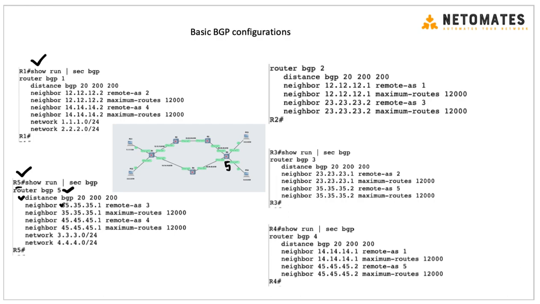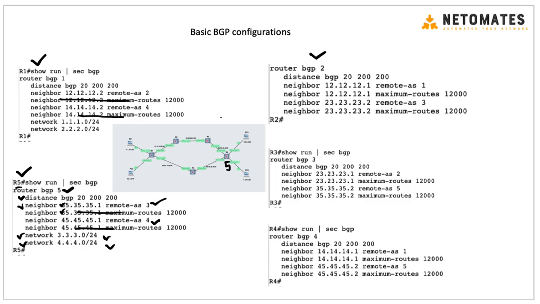I am giving the neighbor side IP and mentioning the remote AS values. You can see this maximum routes command. This is the default command, you don't need to give it. The router will automatically add it when you give the neighbor command. Then we want to inject 2 routes into BGP on R5, the 3 network and the 4 network. So we are using network commands to add routes into BGP.